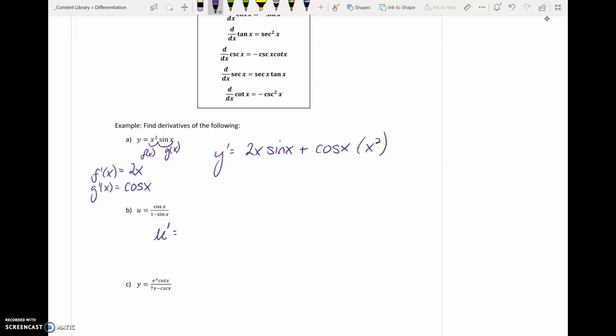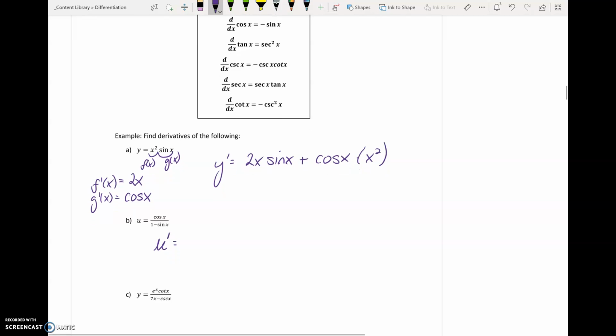So first, we're going to find the derivative of our numerator. The derivative of cos x, when we look at the top here, is negative sine x. Then we're going to leave our denominator alone, minus the derivative of our denominator. So the derivative of 1 minus sine x. The derivative of 1 is 0.